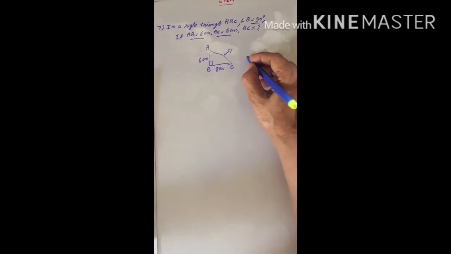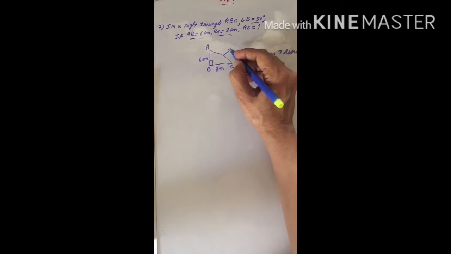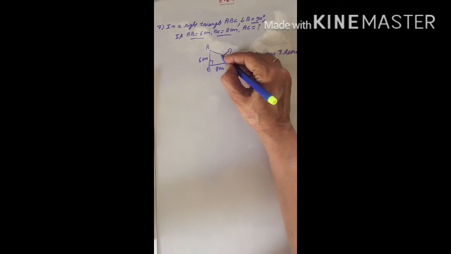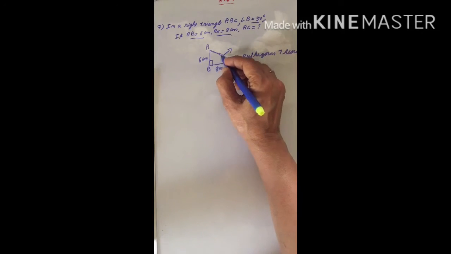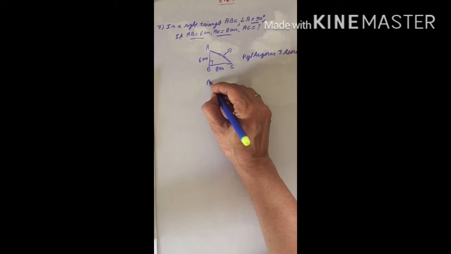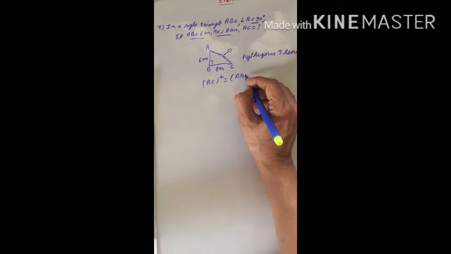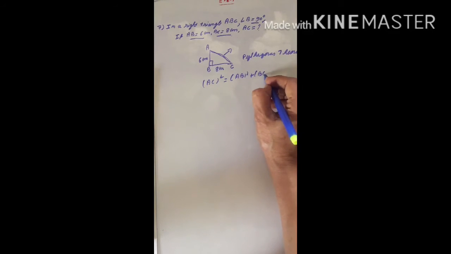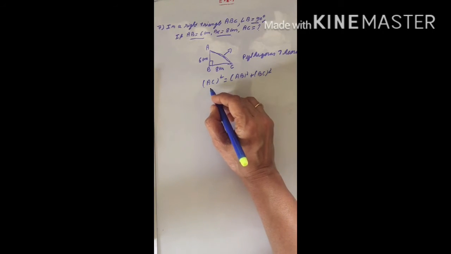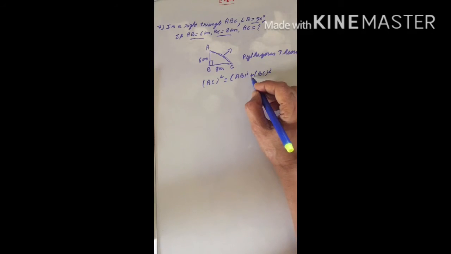Now here you will have to use Pythagoras theorem. Now what is Pythagoras theorem? Pythagoras theorem means that if it is a right angle triangle, then the square of hypotenuse, hypotenuse means the side which is opposite of 90 degree, is equal to the sum of the squares of the other two sides.